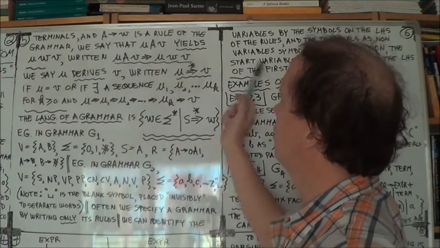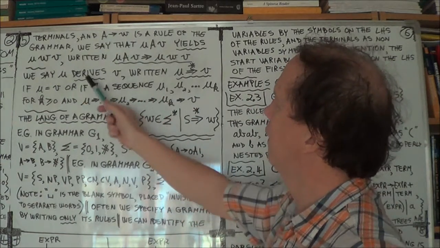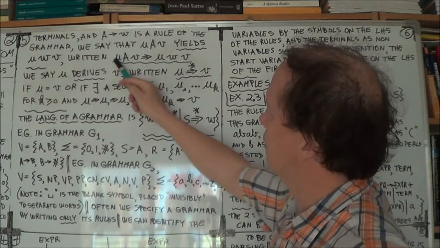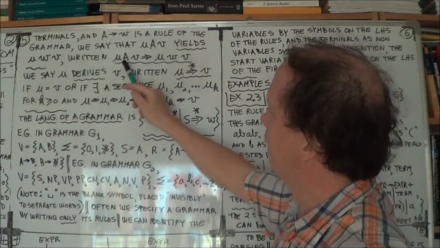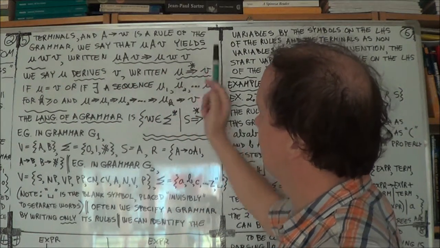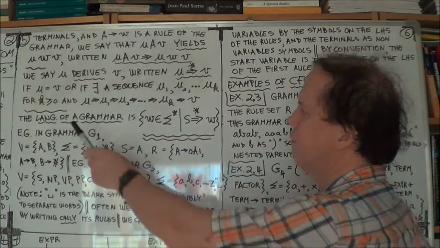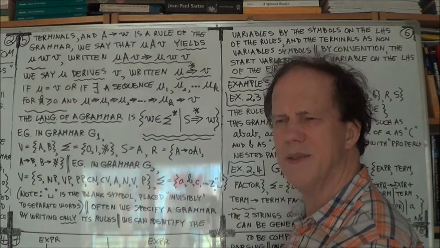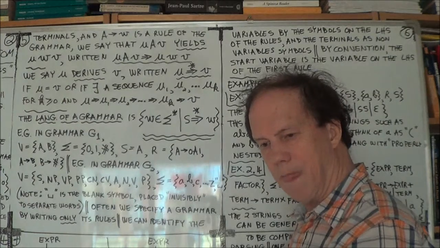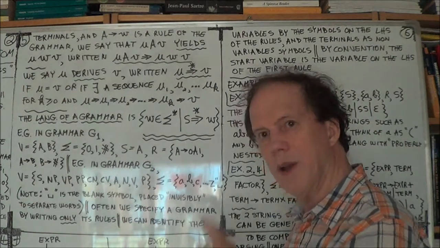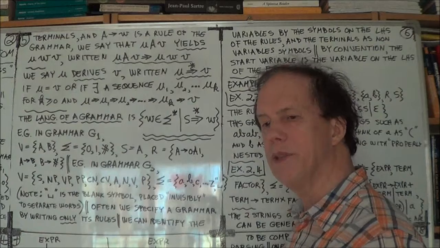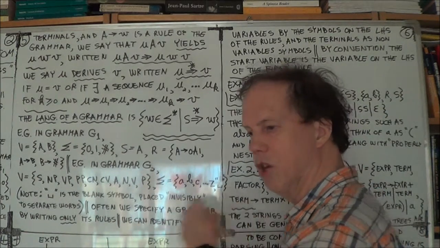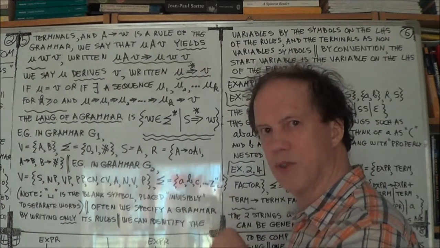Now with those terms, the idea of one string deriving another, and a mixed string yielding another string, we can now redefine the language of a grammar. Remember what that means? The language of a grammar, L of G, is the language that the grammar generates. That grammar will generate a whole bunch of strings.